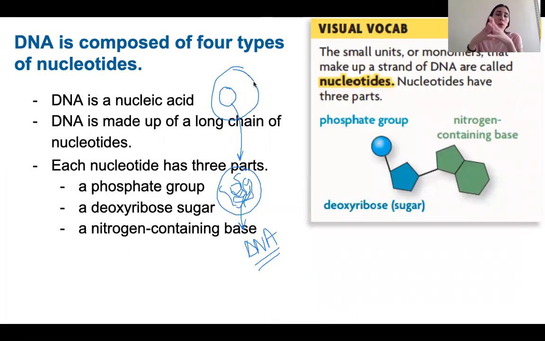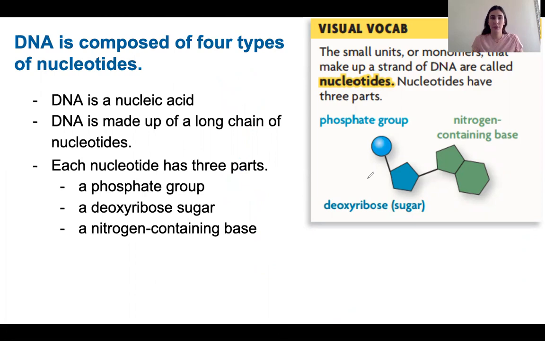All right, now if we go back to what we were discussing in the past, we know that all molecules found inside our bodies are composed of building blocks, which are known as monomers. Now, DNA is also a macromolecule.